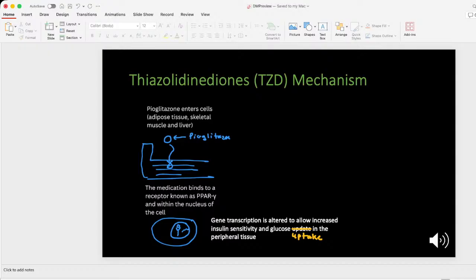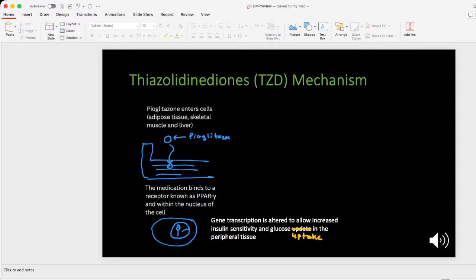So these are just basic mechanistic concepts, because I don't want you guys being overwhelmed with so many mechanistic steps here, because this is review for the exam. You're not going to be experts in every single medication here, but at least having some general idea of how the medication works is important.